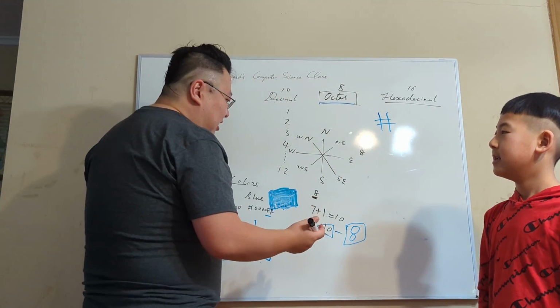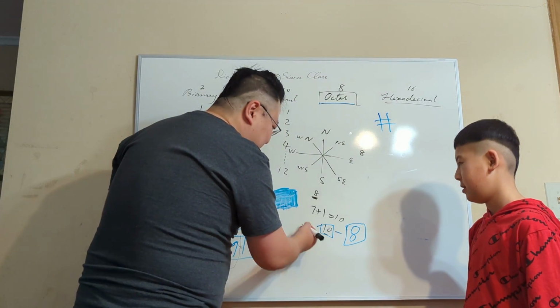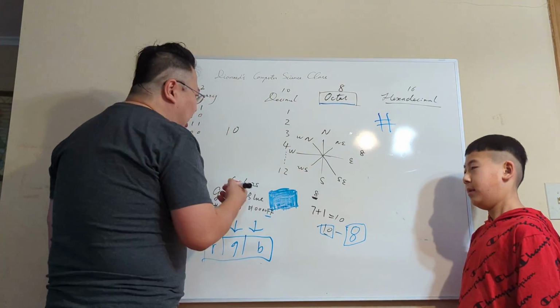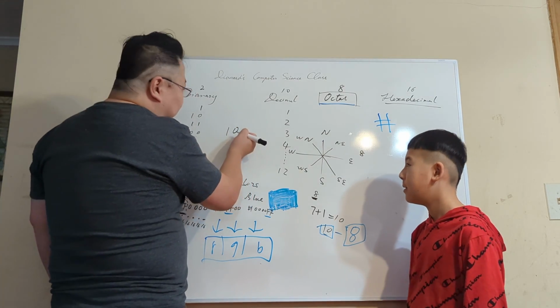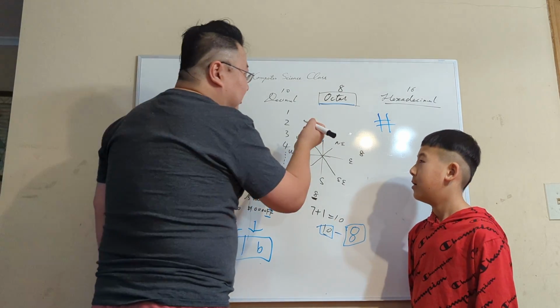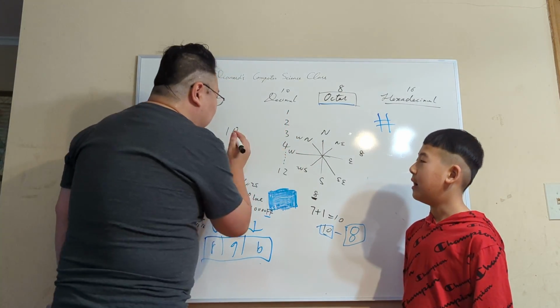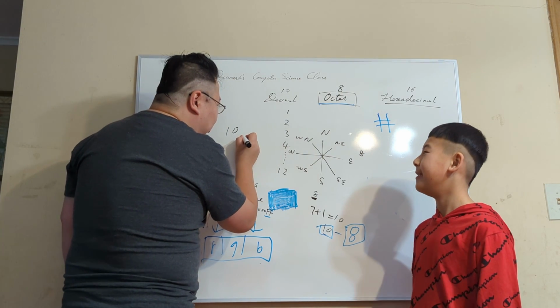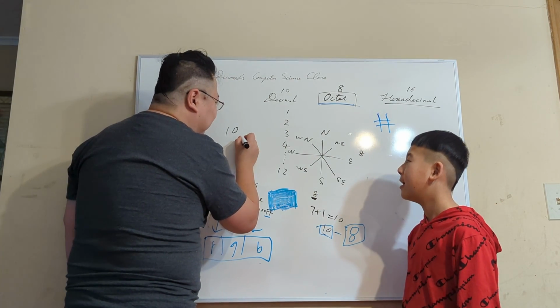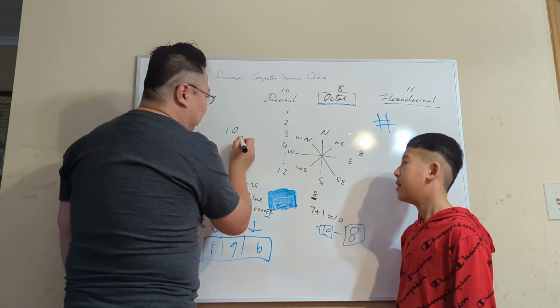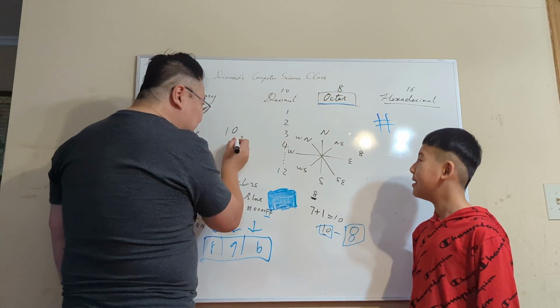Let me ask you a question. If I'm writing a number 10, how do we know if it's decimal, binary, octal, or hexadecimal? There is a way. We write a tiny base here. For example, if I write a 2 here, this means binary.